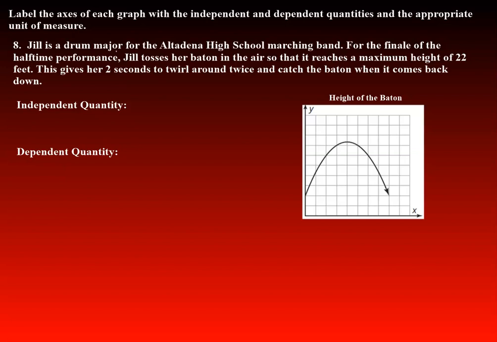For the finale of the halftime performance, Jill tosses her baton into the air so that it reaches a maximum height of 22 feet. This gives her 2 seconds to twirl around twice and catch the baton when it comes back down. So again, pause the video, try it on your own, and then unpause and check to see how you did.